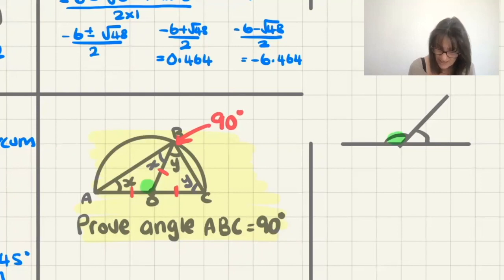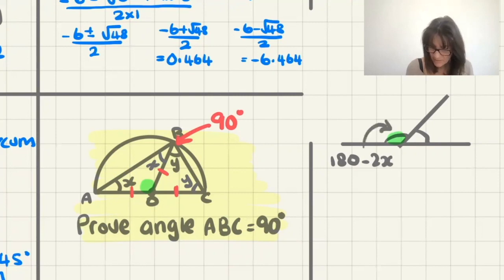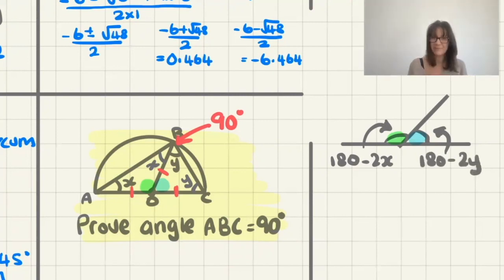The triangle has to add up to 180. If I take off the 2x, whatever that number is, it will give me this angle here, won't it? And this angle here is working in exactly the same way. It's just a different letter. That angle is 180, take away whatever 2y is.